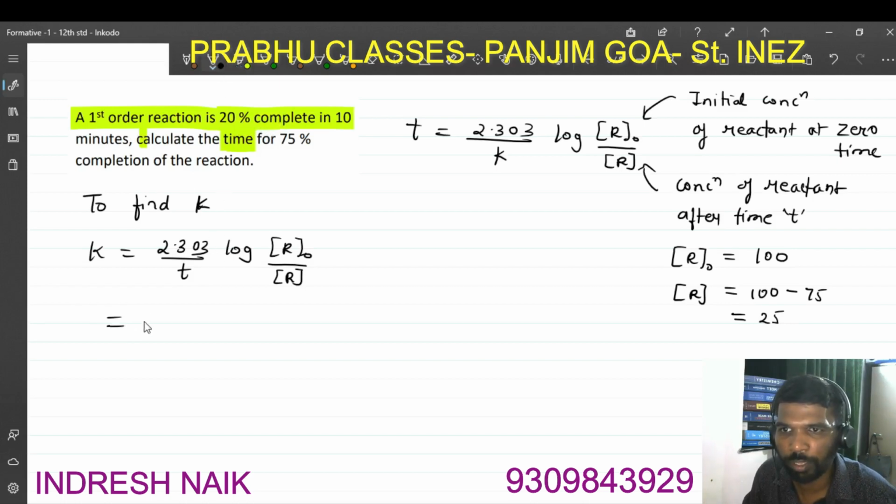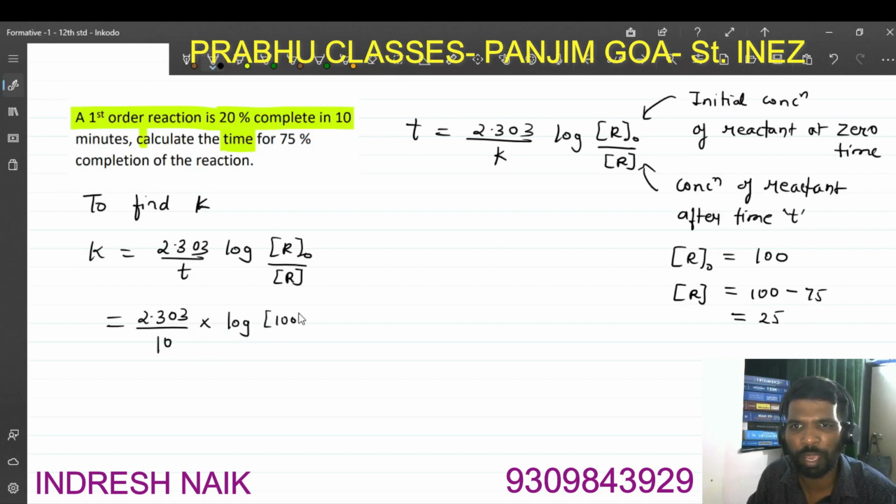Therefore, K is equal to 2.303 and time is 10 minutes. Let's keep time in minutes only. What is R0? R0 I will always take to be 100. This is one way. You may have a different method also, like taking 100x or 1x. I'm taking 100, the simplest way. And 20% complete means how much is remaining?